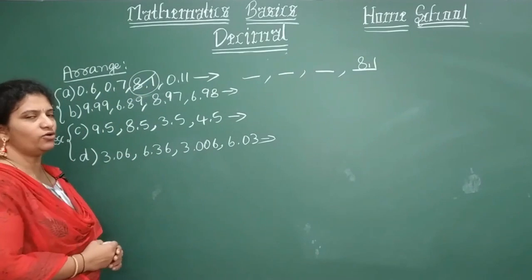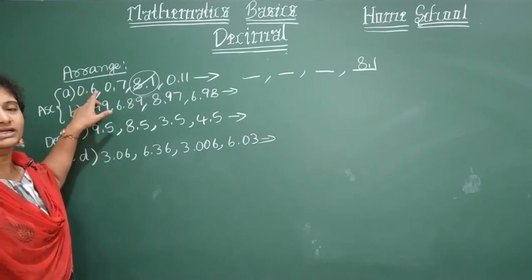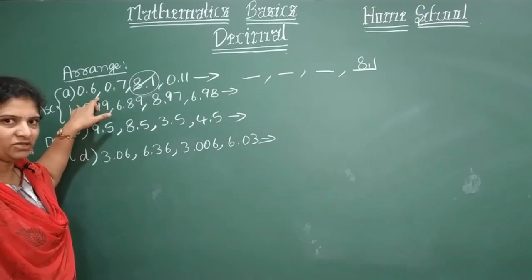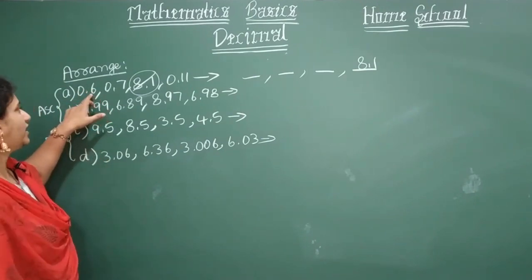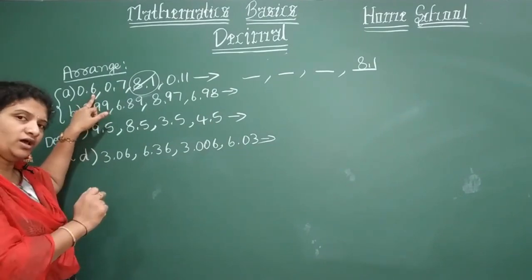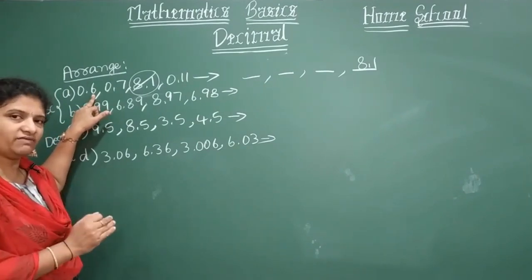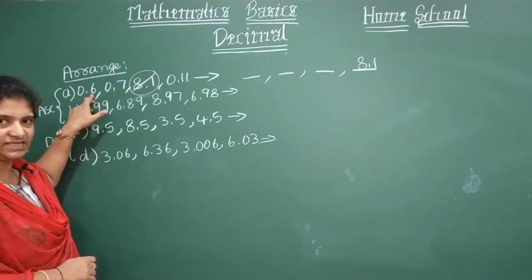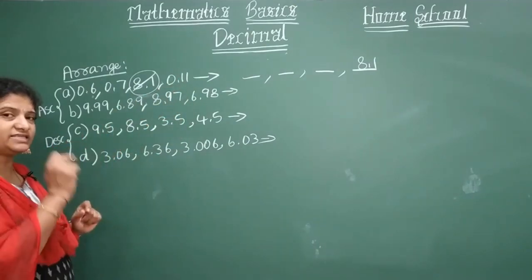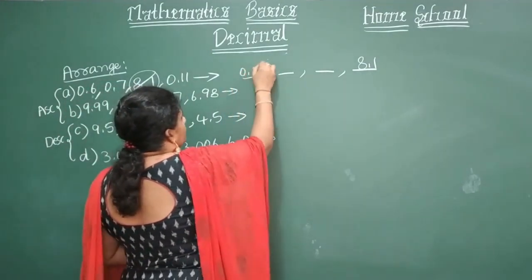Which is smaller, you have to start writing in ascending order. So observe the 10th position of a decimal, after the decimal point, the 10th position towards the right side. Here it is 6, 7, 1. So which is smaller in 6, 7, 1? 1 is smaller, right? So first you need to write 0.11.